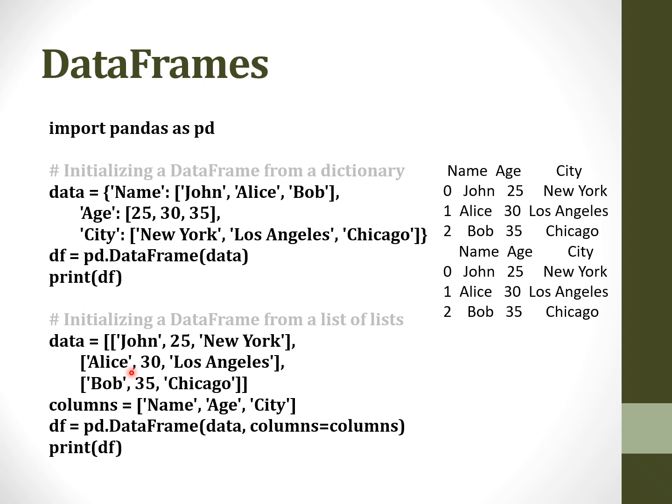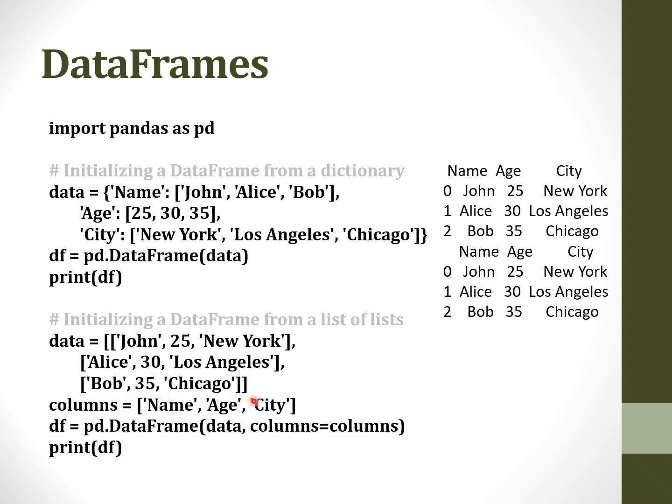Now we are going to create the data frame from a list of lists. Which means we are giving all the data as lists: John 25 New York, Alice 30 Los Angeles, Bob 35 Chicago.